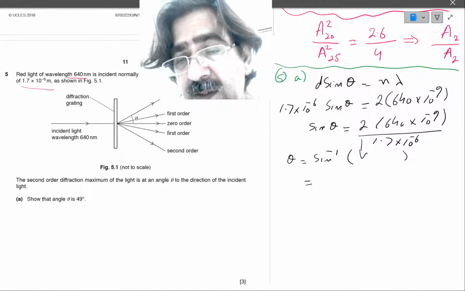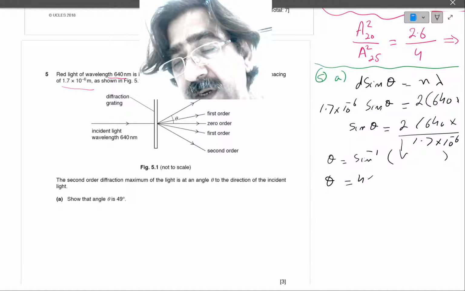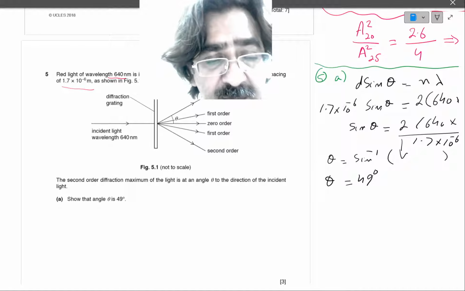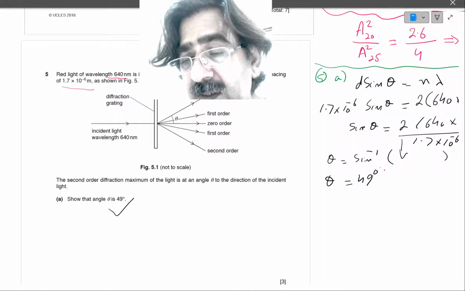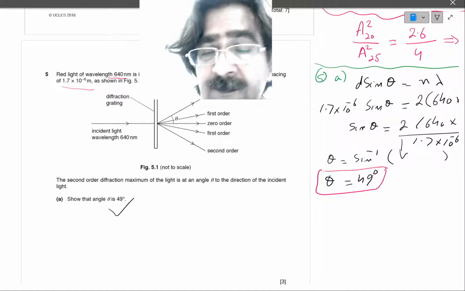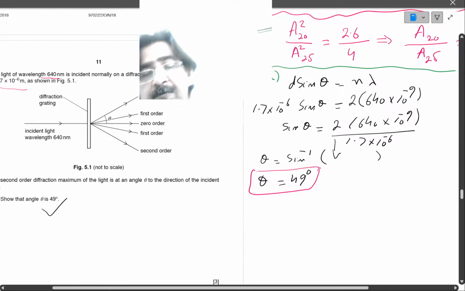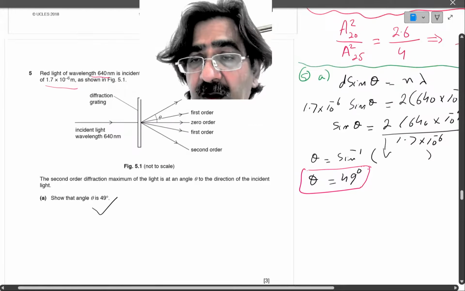So theta will be 49 degrees. Okay, so this is correct. This is our result. Okay, A part is solved.